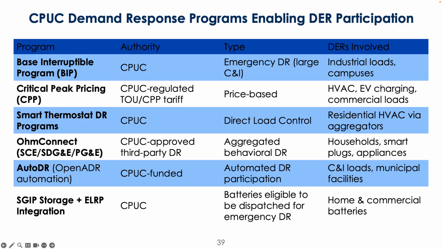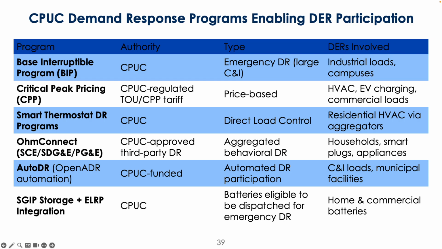Okay, so some of the PUC demand response programs that enable participation. Again, I have a couple of slides just as reference for these programs. We have a base interruptible program, critical peak pricing, smart thermostat DR programs. There is a program from a third-party demand response called Ohm Connect, which aggregates a bunch of different flexible load resources.